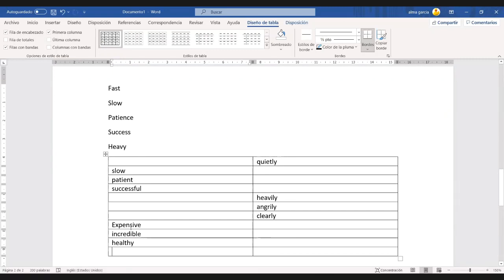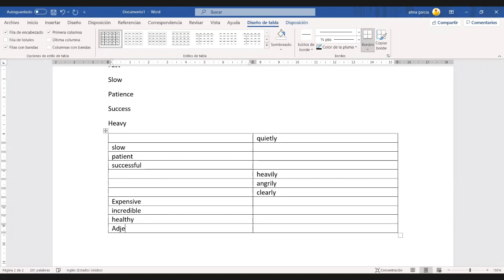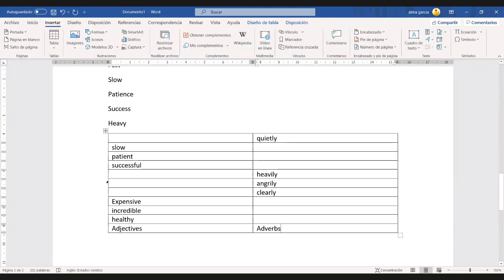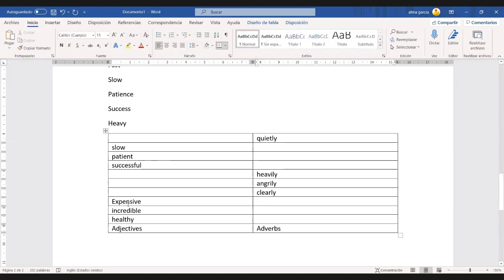Adjectives and adverbs. Let me show you the following list in which we have adjectives on the left and adverbs on the right. What we need to do here is simply transform one from the other. For example, if we have quietly, which is the adverb, which one do you think is the adjective?